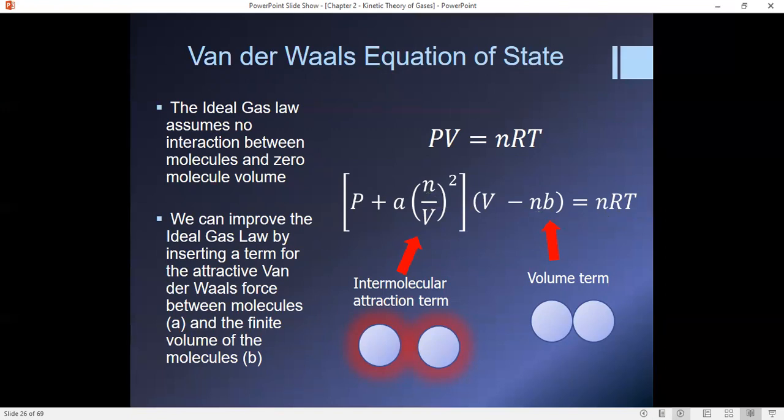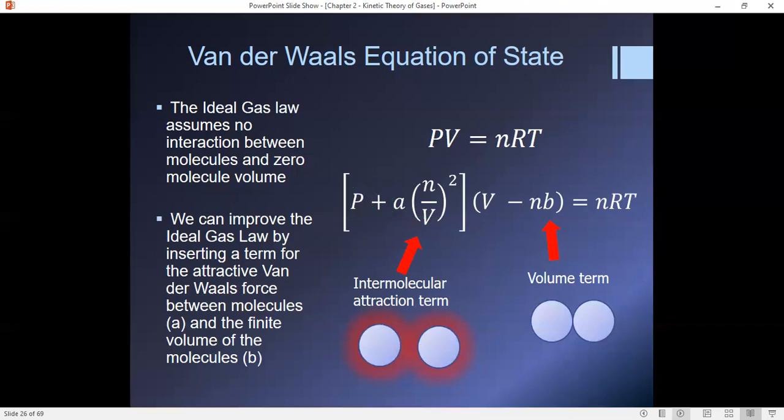Okay, let's see what's really going on here. Normally, if there are no intermolecular forces, the P would just be by itself, as it is in the ideal gas law. If we include intermolecular forces, they create an attraction which pulls the molecules together and causes the pressure to drop. So the stronger the intermolecular forces, the greater the decrease in pressure.